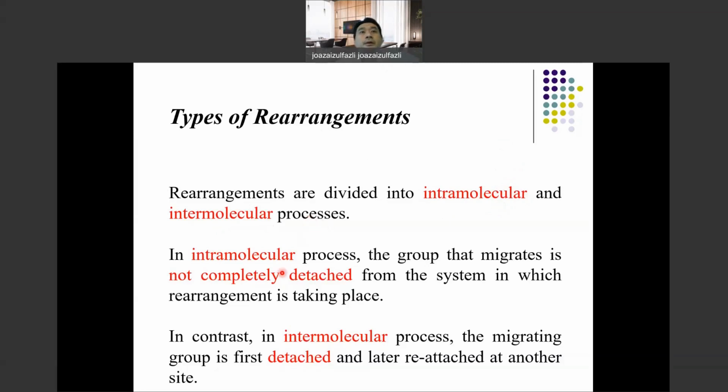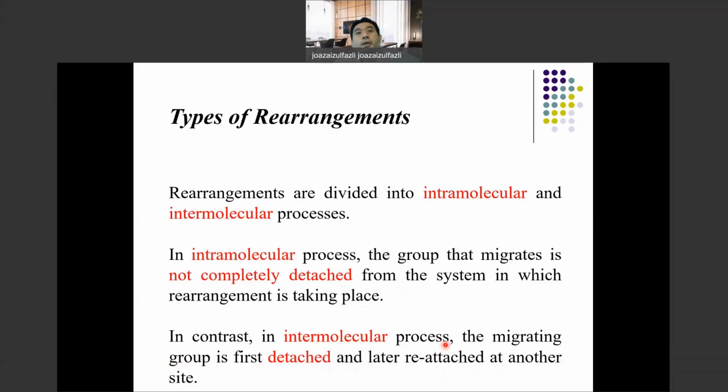For the intramolecular process, the group that migrates is not completely detached from the system in which the rearrangement is taking place, because it's one compound. But for the intermolecular process, the migrating group is first detached and later reattached at another site or another compound, because different compounds are involved.